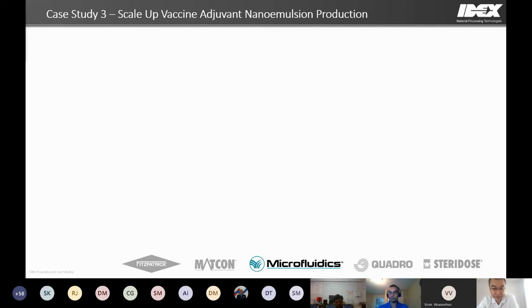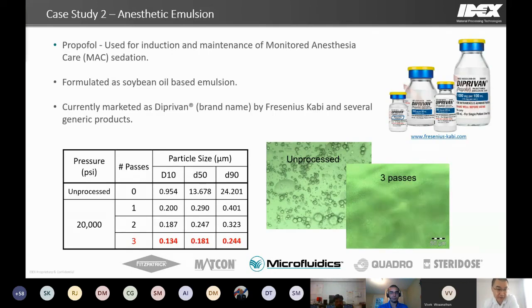If the particles are liquid, as I showed you with the droplets in the case of emulsions or even liposomes, this is a lot easier because the droplets are softer and you can use the shear to break them, or use the energy dissipation to help break them down. So this is basically everything I showed. Let me go back here so that you can see you can decrease your particle size with this technology.